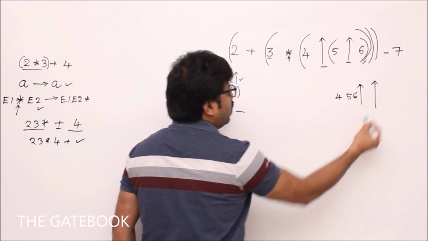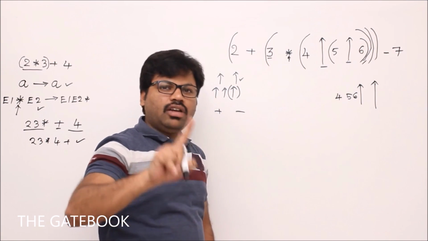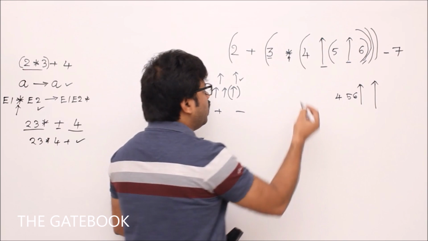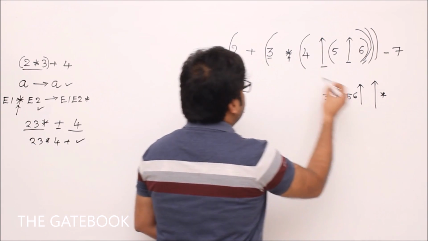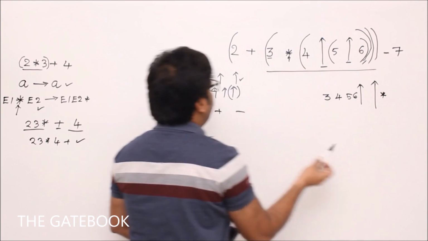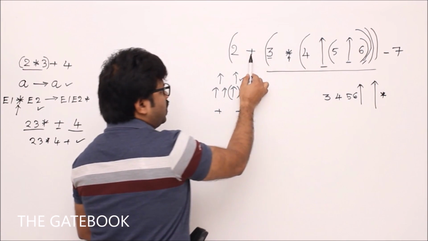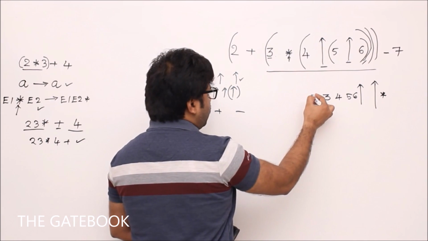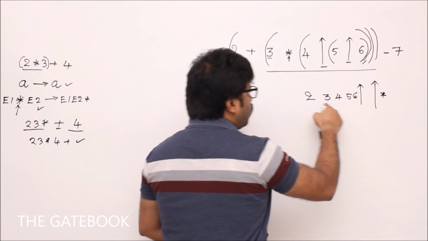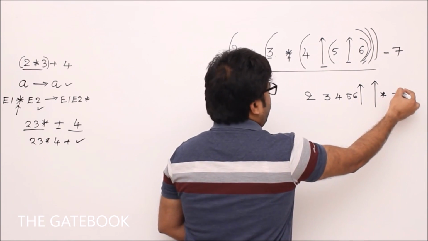Then what is the rule? Expression 1, expression 2, star, right? Expression 1 is 3, expression 2 is this one, then star. So this entire part is converted. Now plus and minus, we know that plus is first. See, expression 1 plus expression 2: expression 1 is 2, expression 2 is this one, then plus.